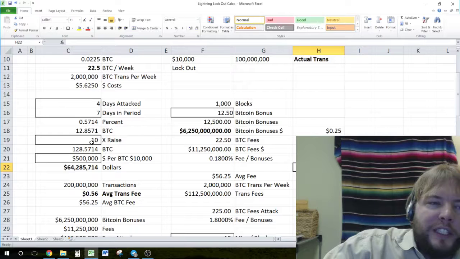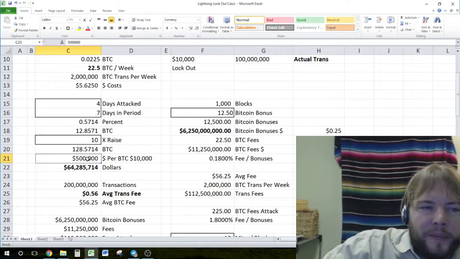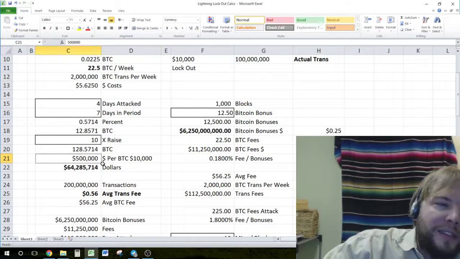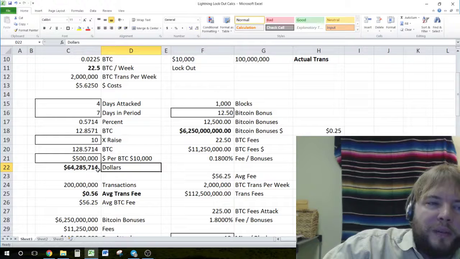So now you're trying to get a 10x disruption. You're trying to do this over a series. It'd probably even cost you more than this, maybe. I'm not going to worry about that actually. But it might cost you about the same to get a 10x increase.